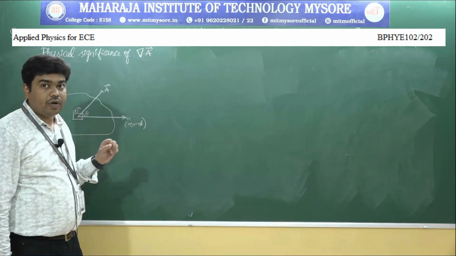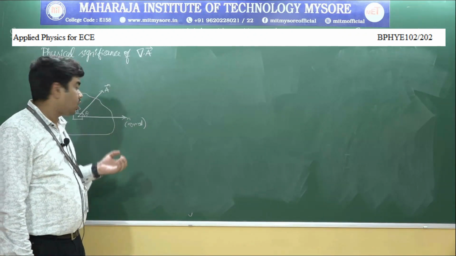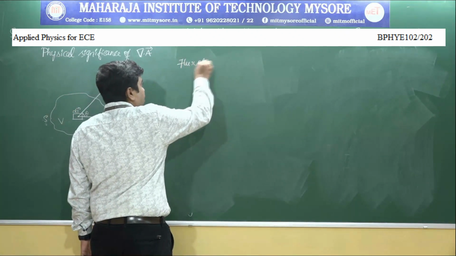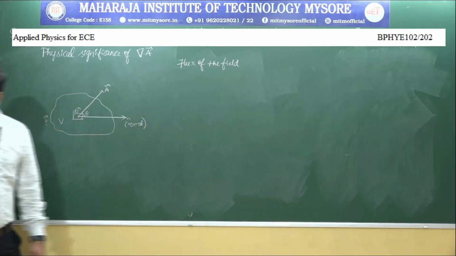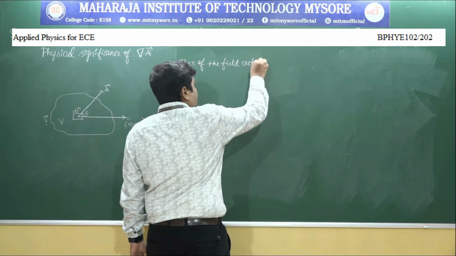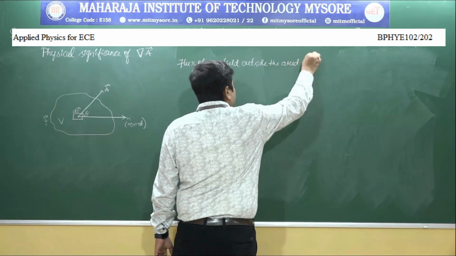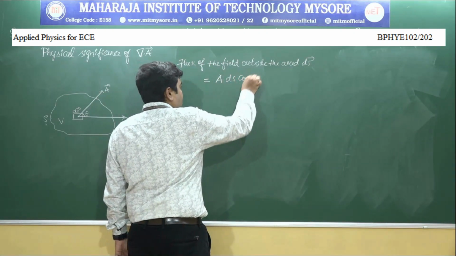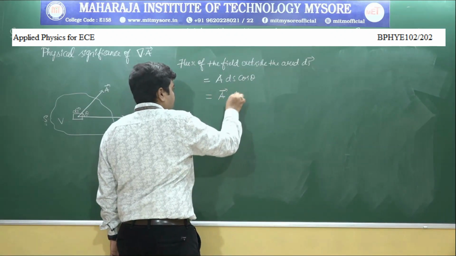We consider the flux of the vector field outside the small elemental surface, the area ds, which is A ds cos theta, also written as vector A dot ds.